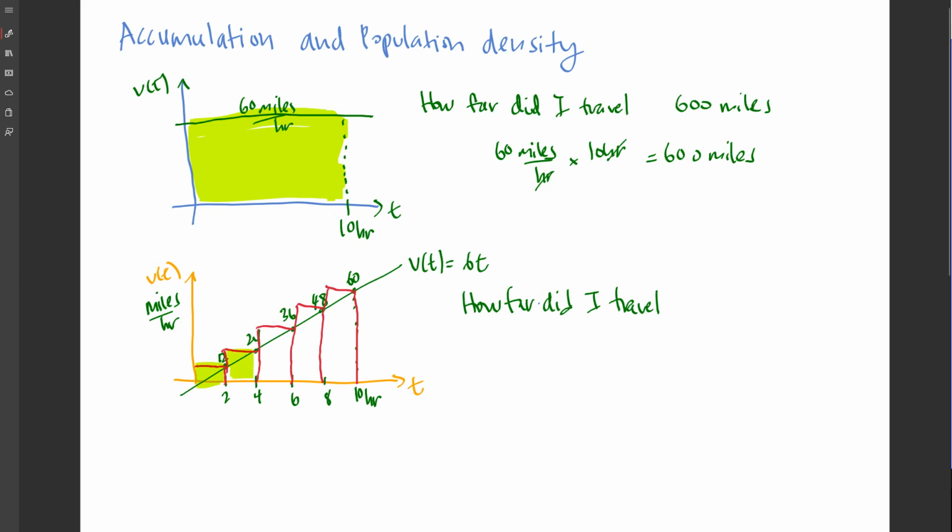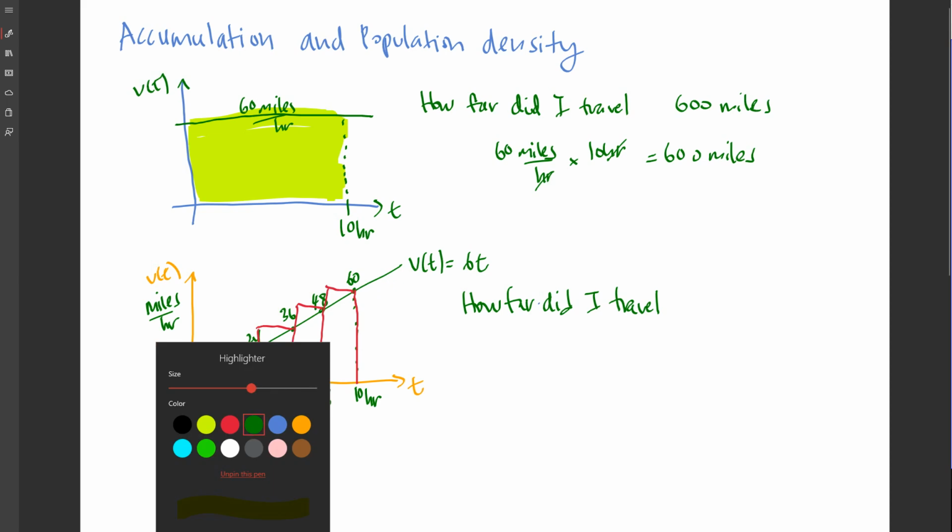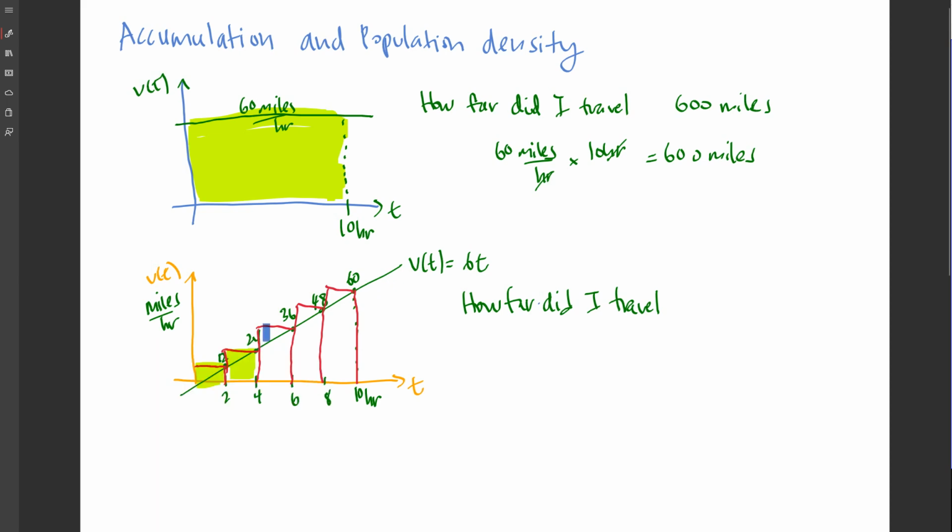This area right here would be my approximate distance after another 2 seconds, and the next area would be my approximate distance after the next 2 hours.